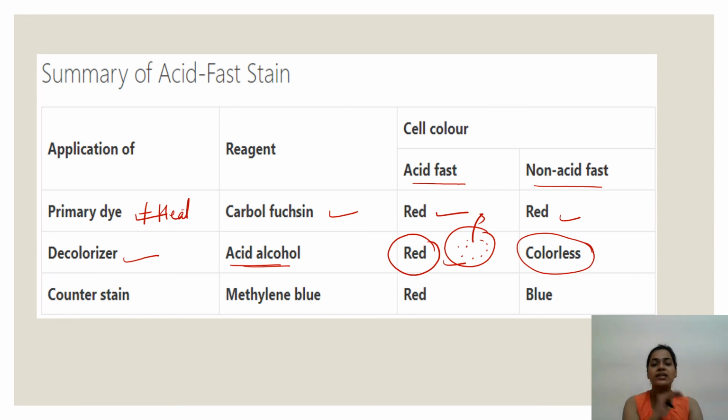Lastly, we have the counter stain, methylene blue. Because the acid fast cells are already reddish in color, they will not take up the counter stain, and they will appear reddish. The non-acid fast category, which is colorless after the decolorizer, can easily take up the counter stain, methylene blue.